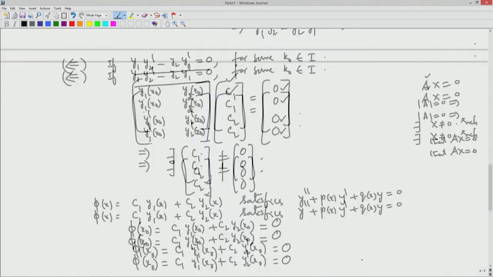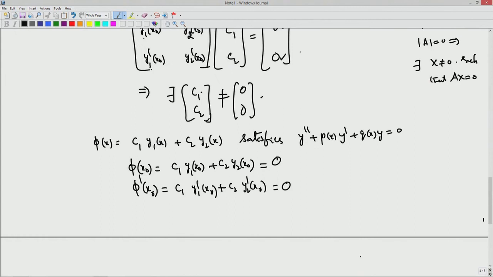Now from uniqueness, because p, q are continuous functions, phi satisfies this equation with the initial conditions phi at x naught and phi dash at x naught both equal to 0. So we have such a solution C1 y1 plus C2 y2.